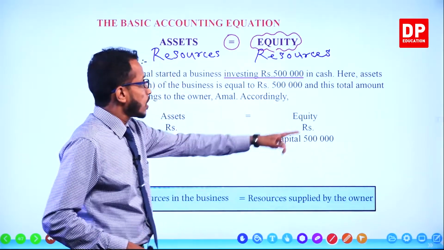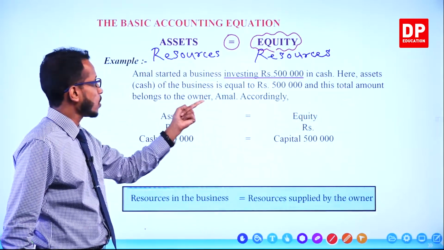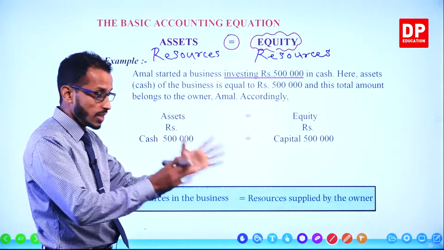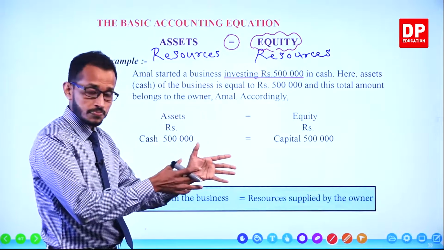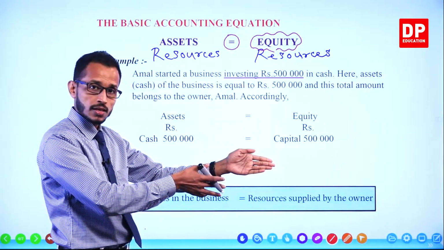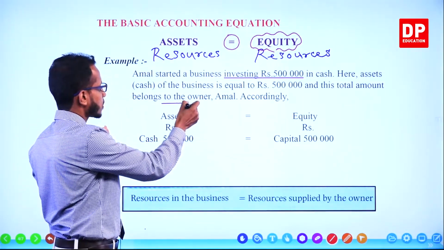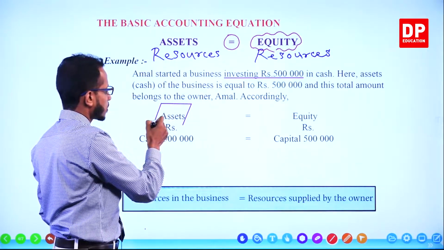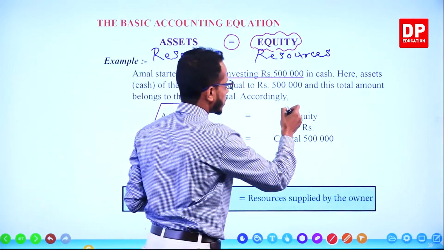So this total amount belongs to the owner, which is Amal. And that is the only amount of money in that business. In that case, children, assets are equal to equity.